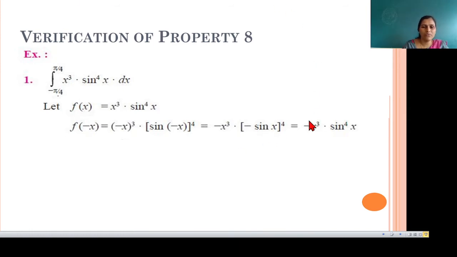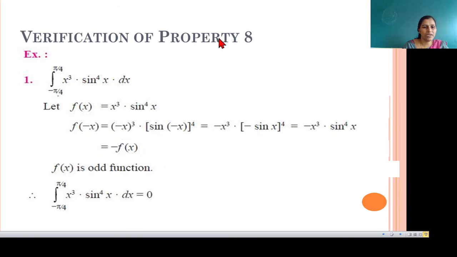So after simplification, we get minus x cube into sine raised to 4 x, which is equal to minus f of x. So the given function is an odd function, and therefore by using property 8, the answer is 0. Then we'll see one more example.